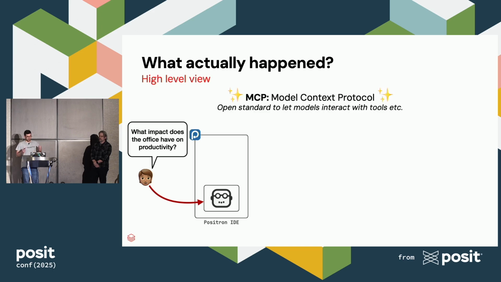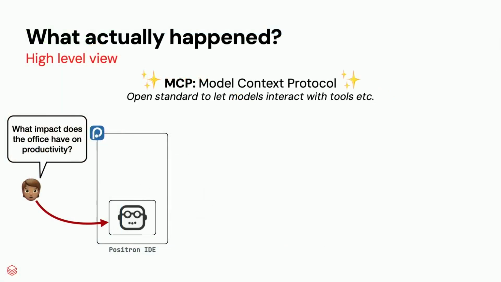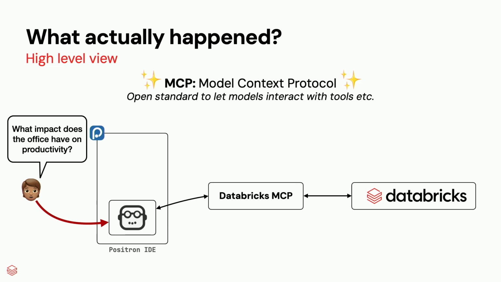And that requires us to have an MCP server, which, if you haven't heard of it, this is a very fancy way of saying there's a standard way for a model to use what's called a tool to talk to a system. That's just fancy talk for basically a function. And we talk to the Databricks MCP server, which knows how to talk to Databricks in a standardized way.